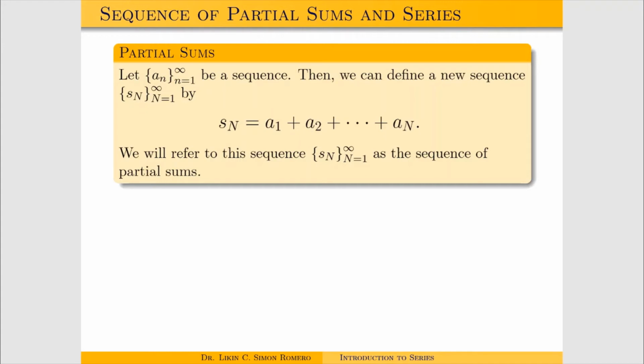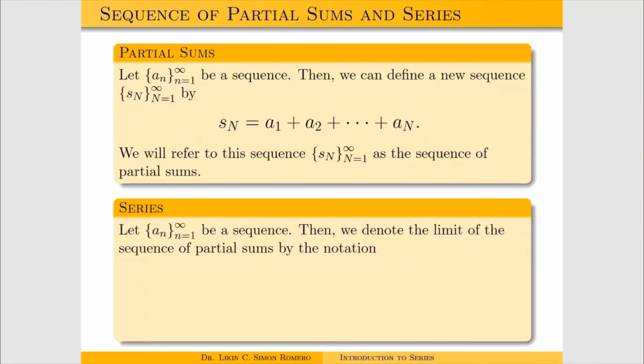Note that this is very different from the original sequence a of n, because instead of just the terms, now it's the sum of all of the terms up to that number n. And so when we're talking about what the series actually sums to, we can discuss this in terms of the limit of the sequence of partial sums.